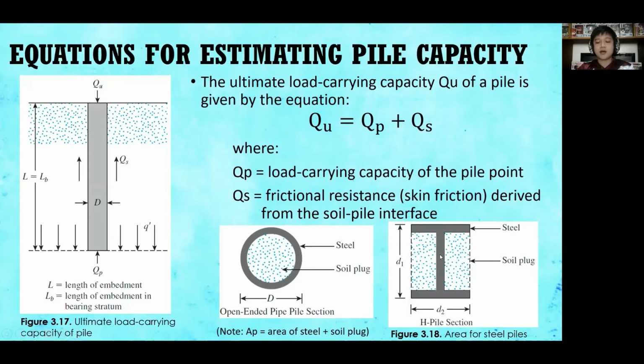Similarly, for the H pile section, we will consider this as one big rectangular area, including the portion inside these broken lines, which is the soil plug portion. Therefore, for our pipe pile, we will consider the area as a full solid circle, while for the H pile section, we will consider that as a rectangular section.